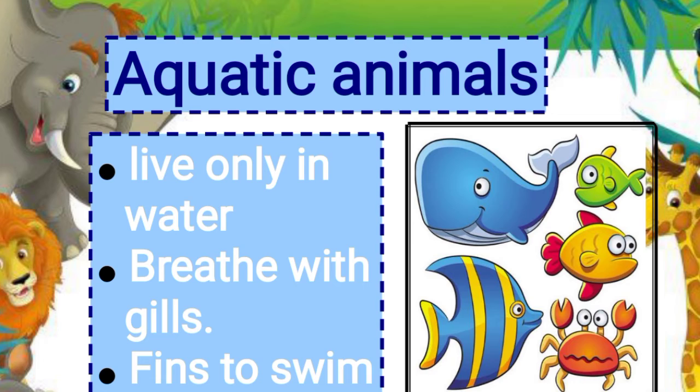Now let's understand about aquatic animals. So they are those animals that live underwater. They live in water. They either live in fresh water such as lakes, rivers and ponds, or in salty water like the ocean.